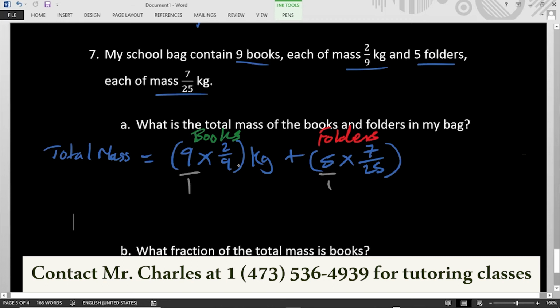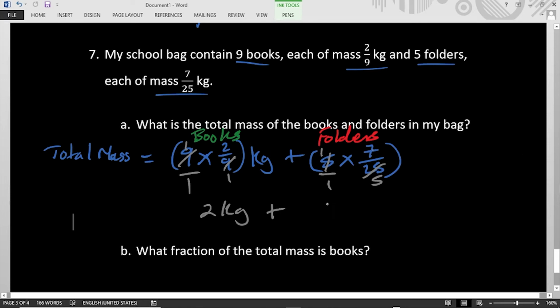So we can cancel 9 into 9, 1. So 1 times 2 is 2, so that's 2 kilograms plus 5 into 5, 1. 5 into 25, 5. Right? 1 times 7 is 7. Okay, 7 over 5 kilograms.